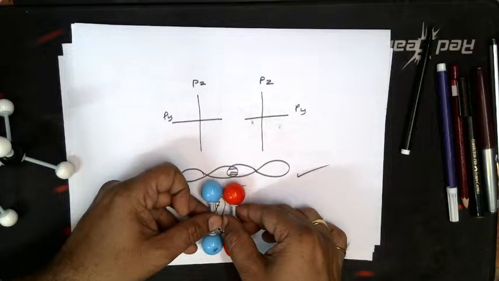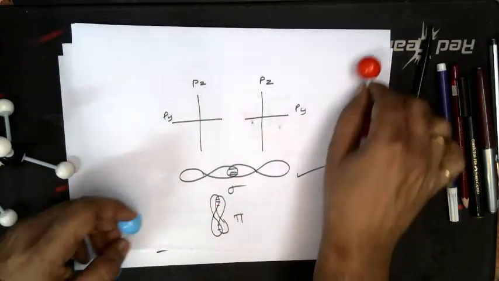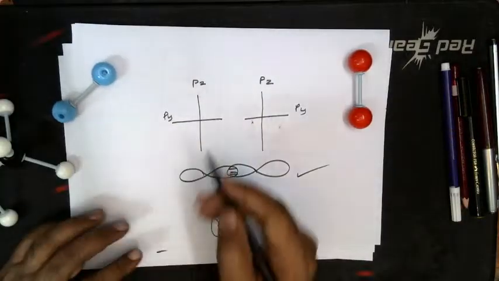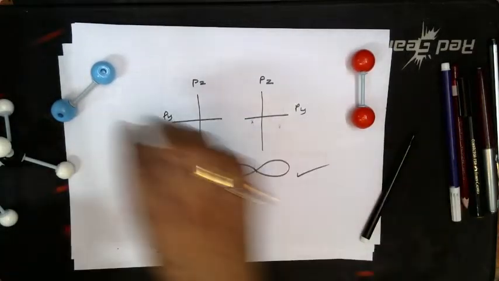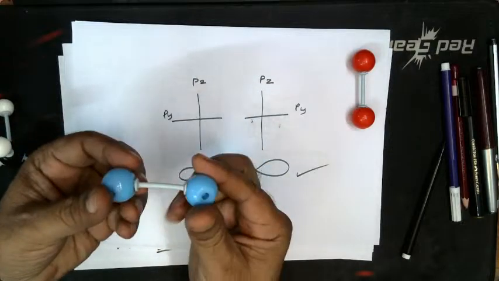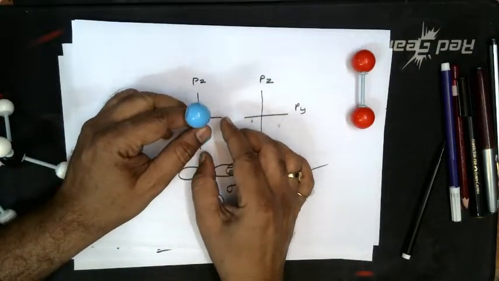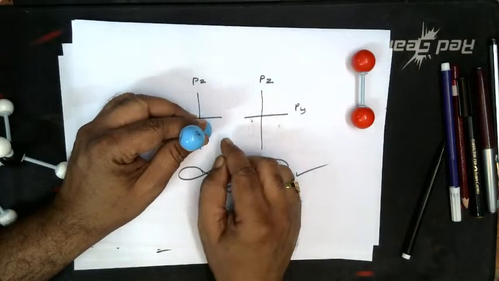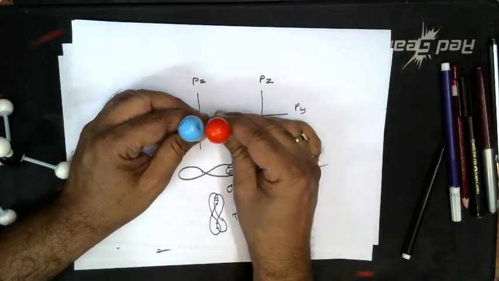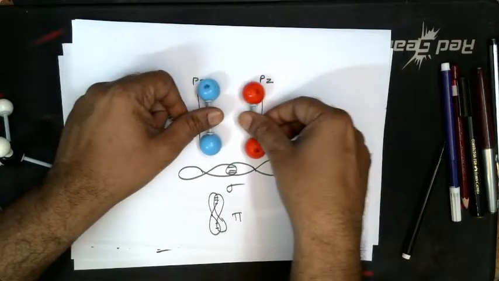Got it? You have one more pi bond, because of the out of plane orbital. Now see how to mention this: it is above the plane of the paper. You have two lobes, is it not? So one lobe is below the plane of the paper, another lobe is above the plane of the paper. So it can combine like this, and a pi bond can be developed like this.